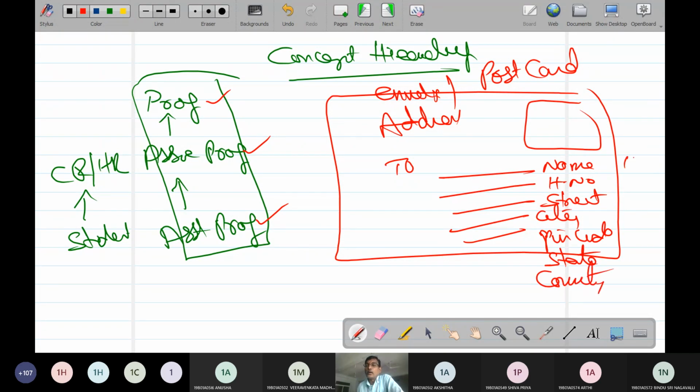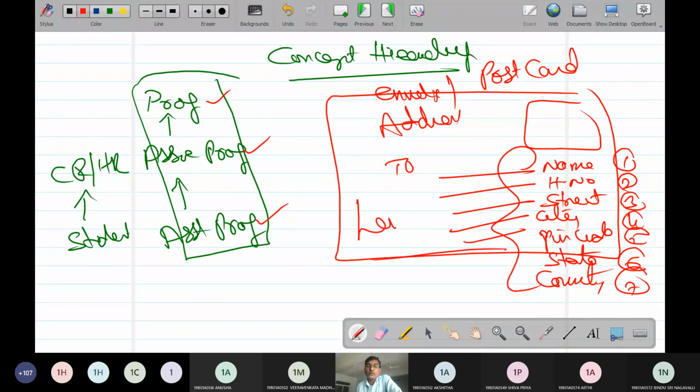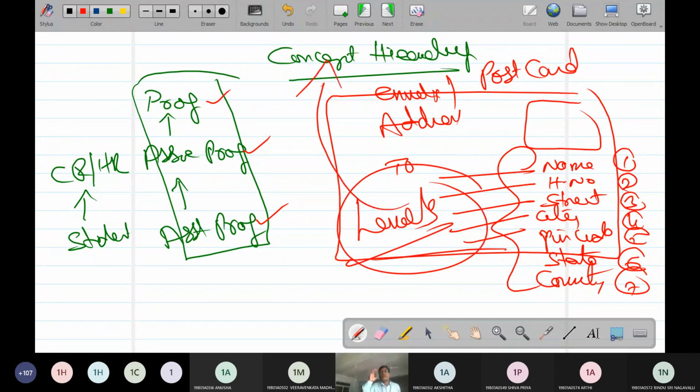So you have these levels, and these seven we are going to call levels. Distributing the data into different levels, we call a concept hierarchy.